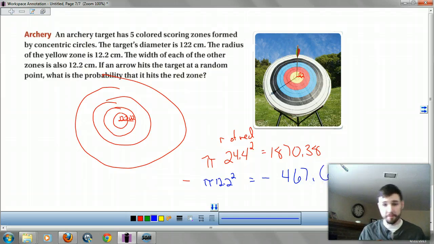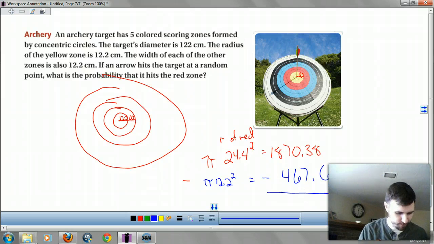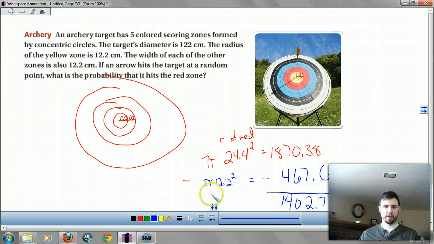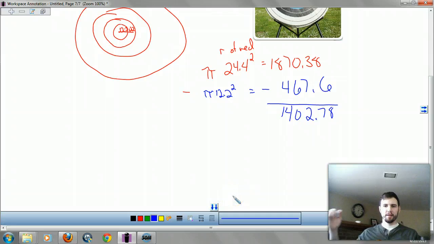So I subtract them, I get 1402.78, right? So that is my red ring. This is just the red ring.